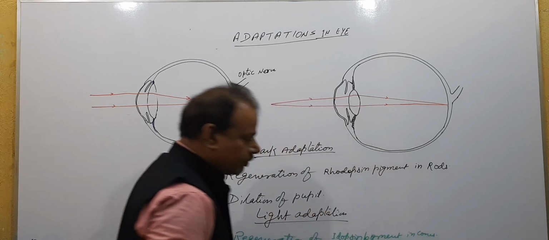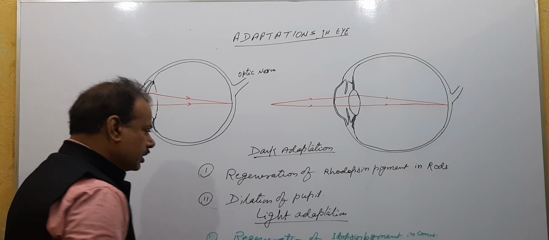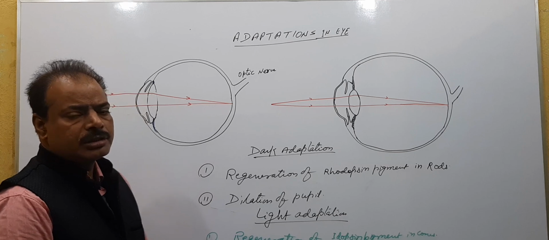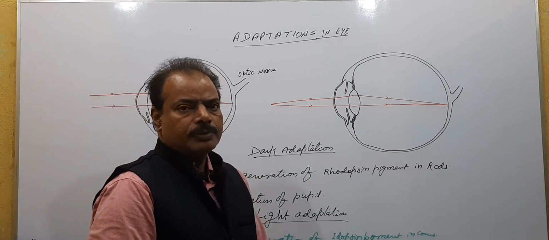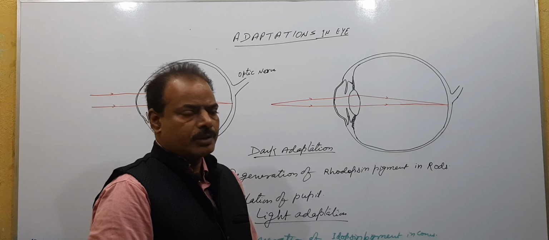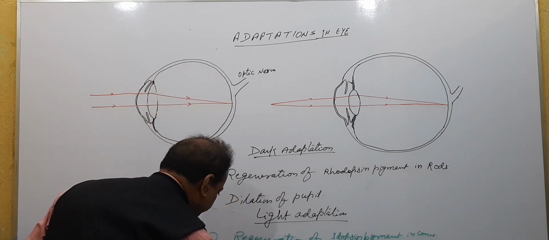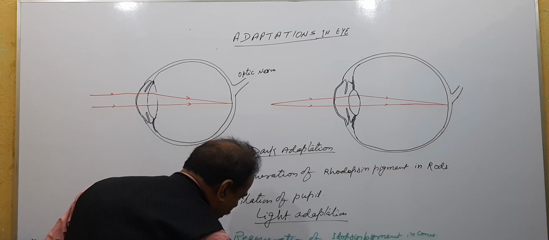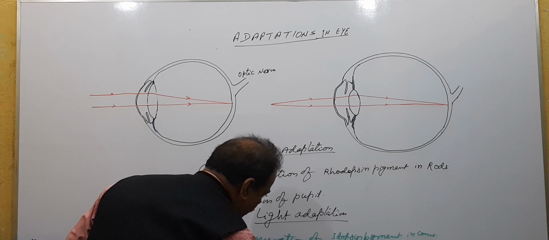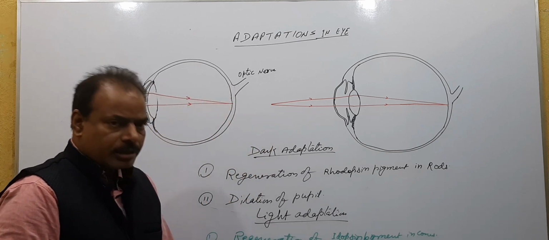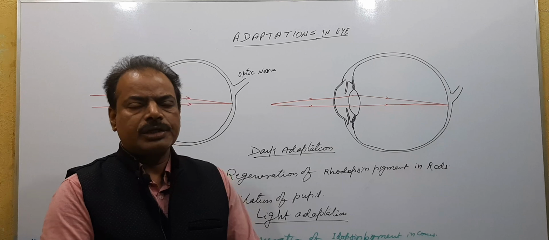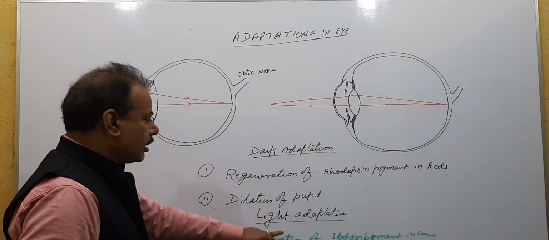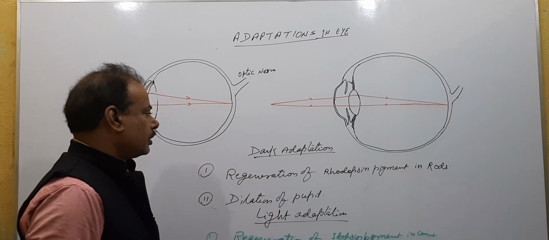So now cones become active to see the objects, and the second change taking place here is the narrowing of pupil. Narrowing of pupil, so that in the brightly lighted area too much light cannot enter. So in this way, dark adaptation and light adaptation take place in our eye.